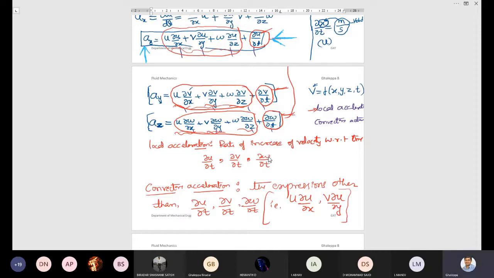If I ask you to write an equation for the acceleration in x direction for steady flow, which term will get cancelled here? For steady flow, what is steady flow? Change in properties with respect to time is 0. If any variable is changing with respect to time and that is equal to 0, then we call it a steady flow.